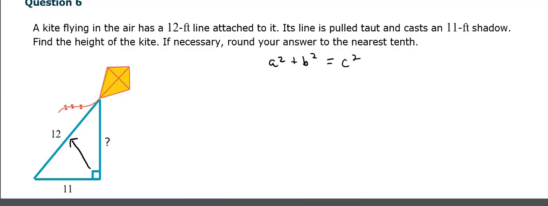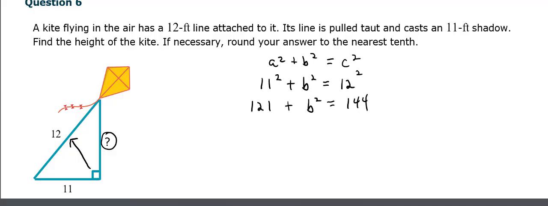So we take 11 squared plus our unknown squared, because those are our smallest sides. I'll call that b, and that will equal our hypotenuse squared. So 11 squared, 121, plus b squared equals 12 squared, which is 144.